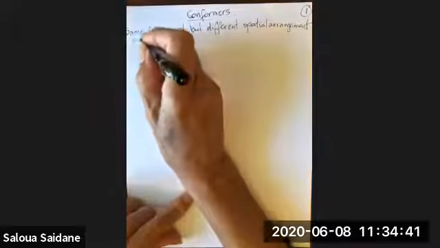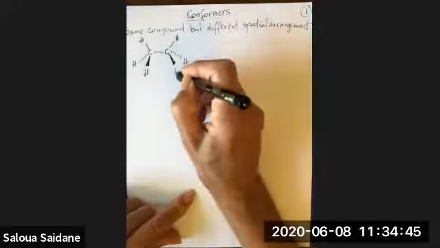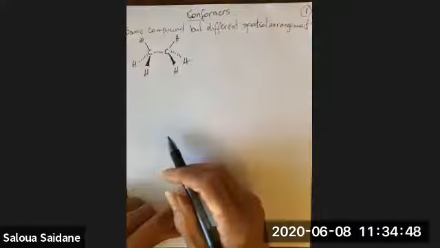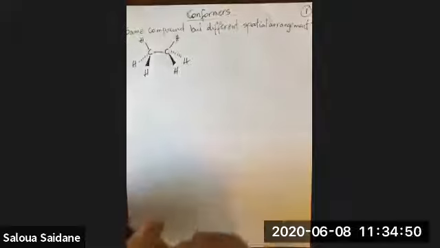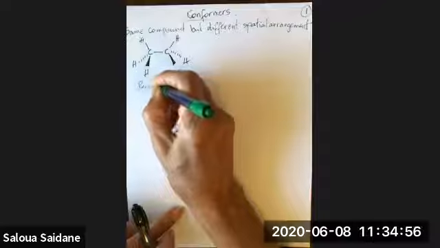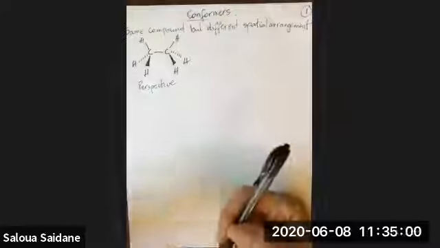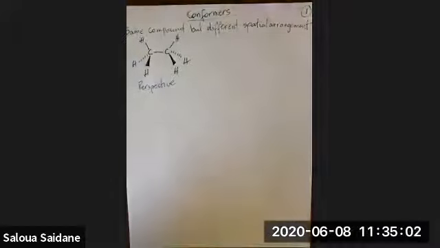So this is how ethane would look in a 3D representation. This kind of representation here is called perspective, which is the best way to represent 3D on a 2D space.